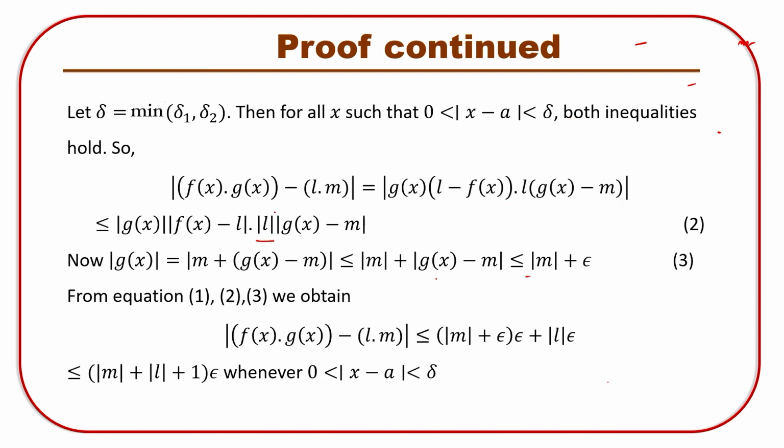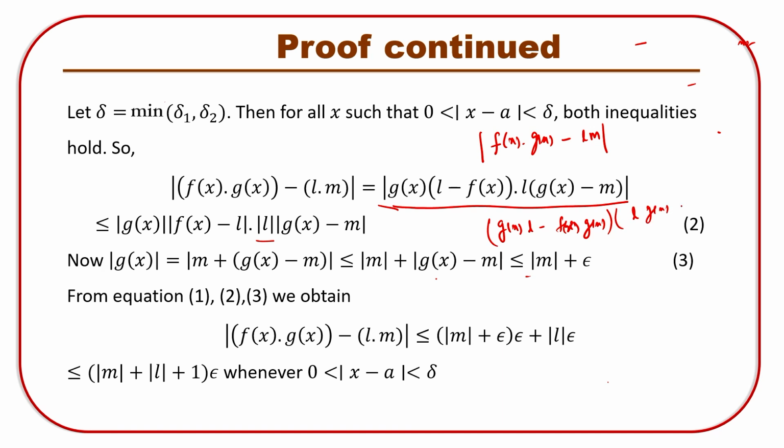Since we are going to evaluate modulus of f of x into g of x minus L into m, we have to take it in such a way that this expression comes, and this expression is nothing but g(x) into L minus f(x) into g(x), into L into g(x) minus m. What are these expressions? These expressions are L g(x) minus f g, into L g minus L m.